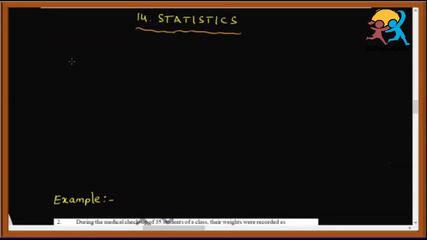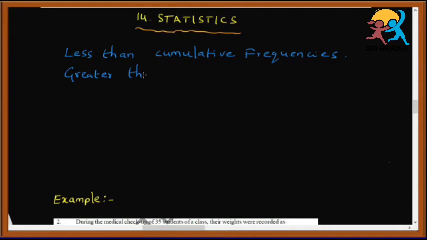So far we have discussed the less than cumulative frequencies and greater than cumulative frequencies. There we have discussed how to write the points. To write the less than cumulative frequency, we require the upper boundaries.